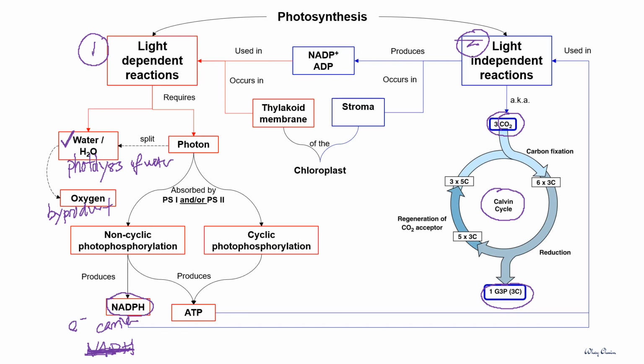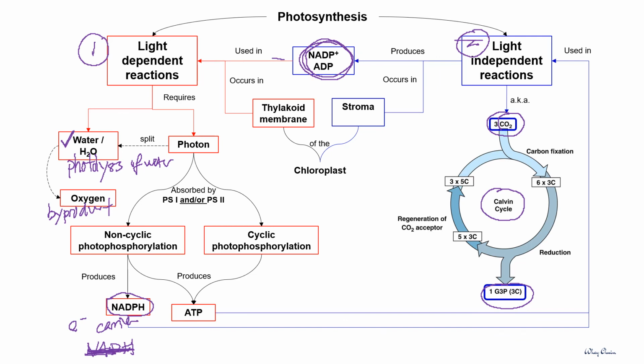Through the Calvin cycle, NADP plus and ADP are produced, so it seems like the molecules are recycled back to be used in the light-dependent reaction. This is the relationship between light-dependent and light-independent reactions.